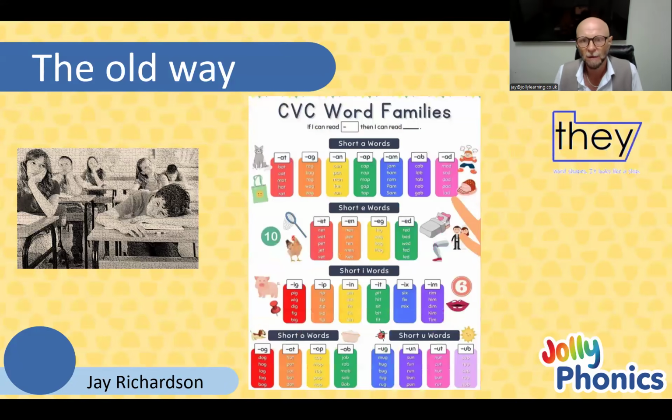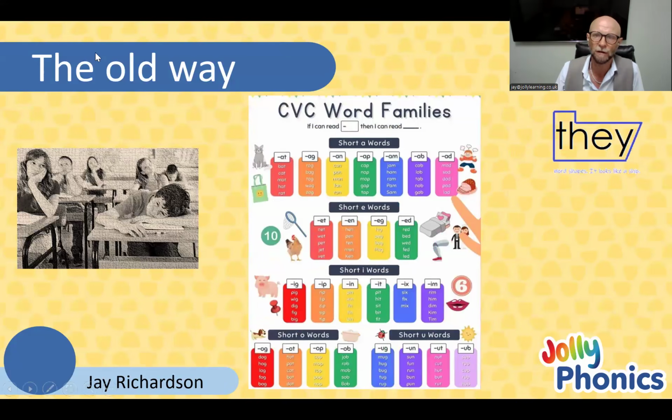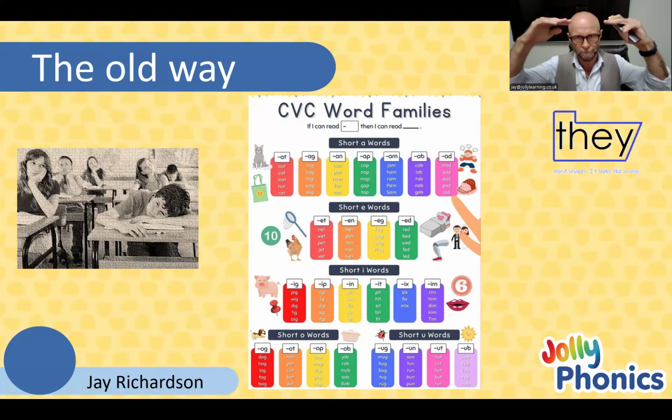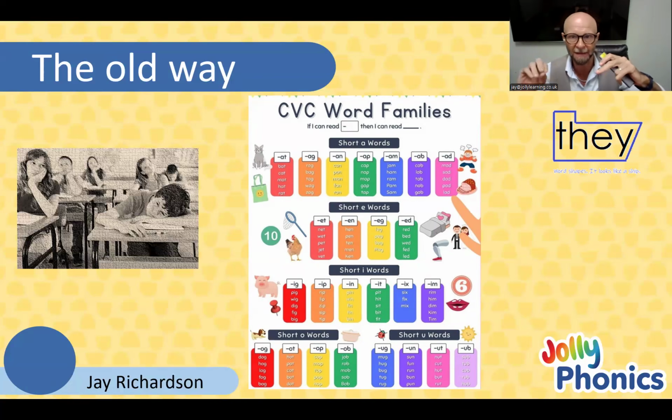There was also using CVC families, consonant, vowel, consonant. This is more analytical phonics, where the student sits top down, looking at the word and looking for patterns in that word. The at family is a word family, the ag family, the an family. Students are encouraged to look for what we call onset and rime.